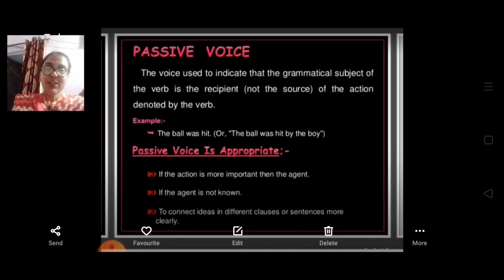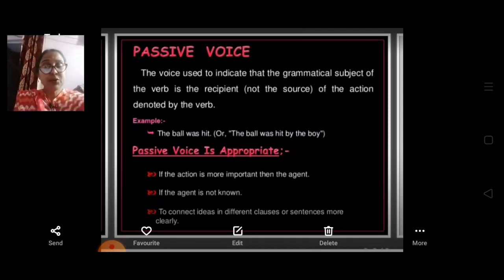The subject goes to the last word of the sentence, and the object becomes the subject, or you can say the first word of the sentence. So this zigzag form you should always remember. I am going to give you a few more examples of passive voice.